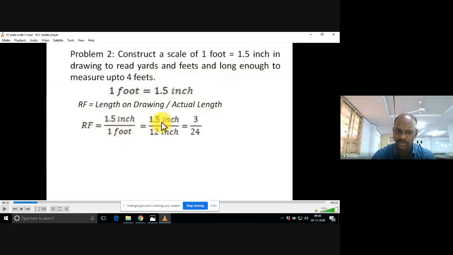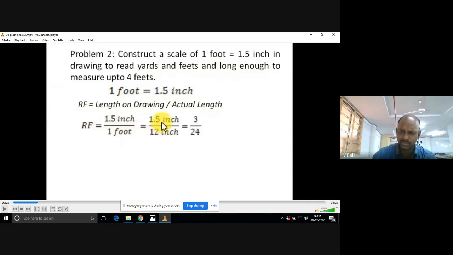Suppose it's an area problem, simply you take the square root of this entire value. How to guess if it's a volume problem or an area problem? Just read the units. Suppose inch square, foot square, something like that. It comes under an area problem.